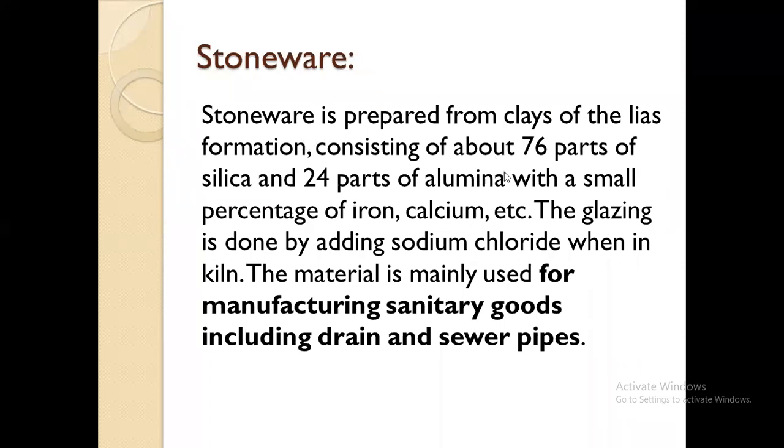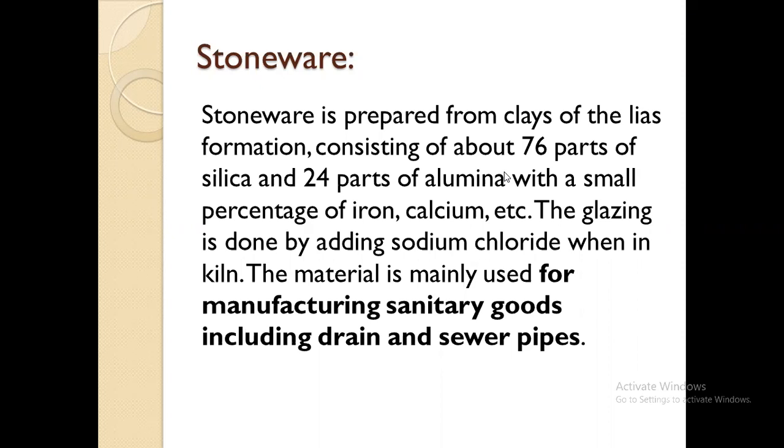Stoneware is prepared from clays of the Lias formation, consisting of about 76% of silica matter and 24% of alumina matter, with a small percentage of iron, calcium, etc. The glazing is done by adding sodium chloride fine in a kiln. Whatever stonewares are there are manufactured by mixing silica, alumina, iron, calcium and so on.